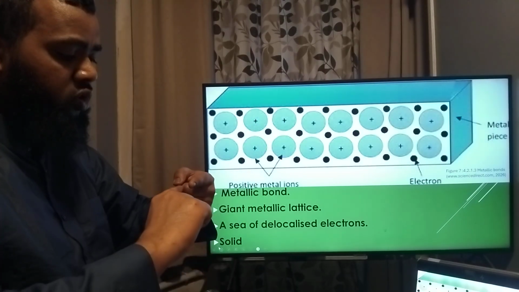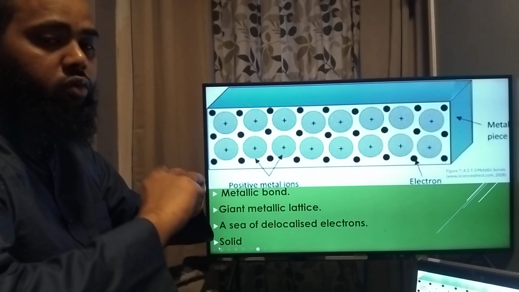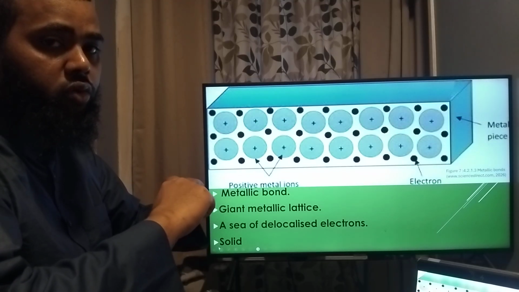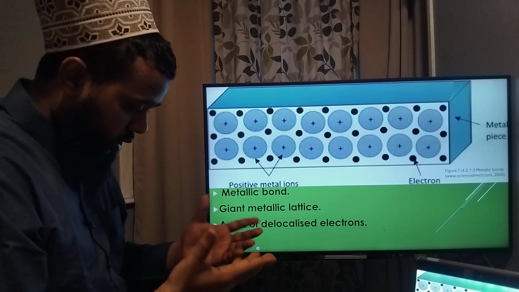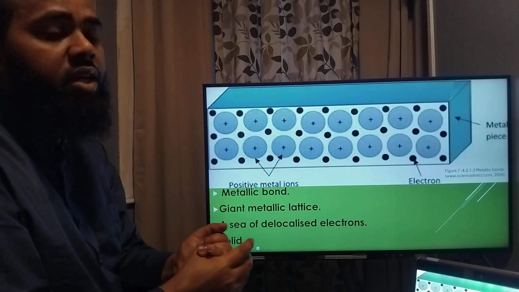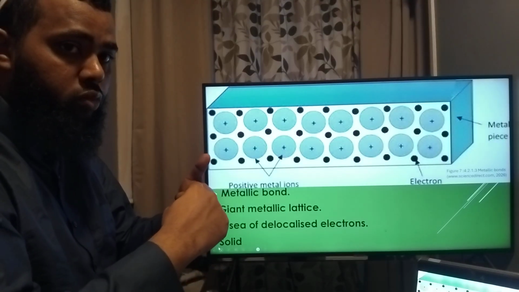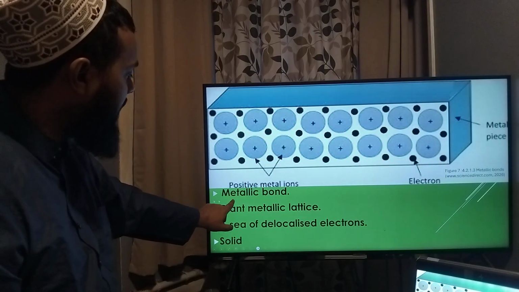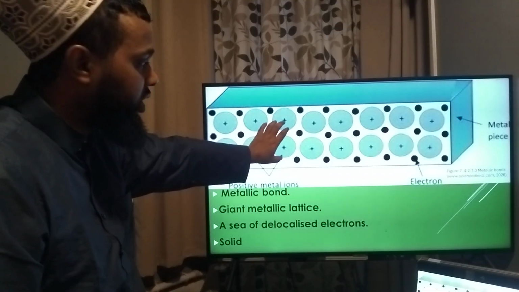Because of that attraction of electrons, the electronegativity value leads to different kinds of chemical bonds. For example, you have a metallic bond between the atoms of the metal.